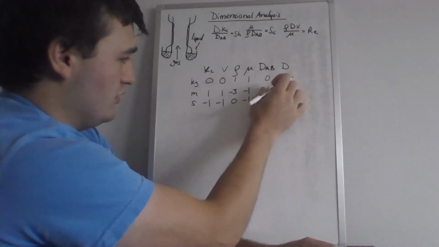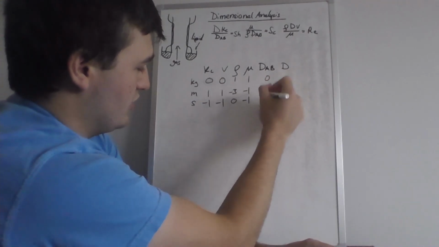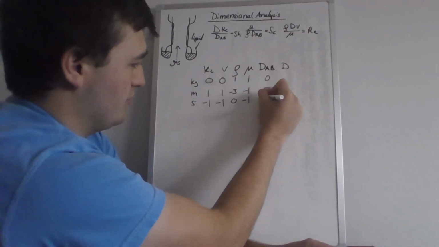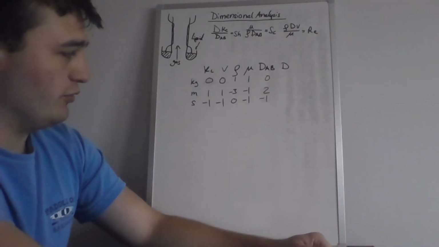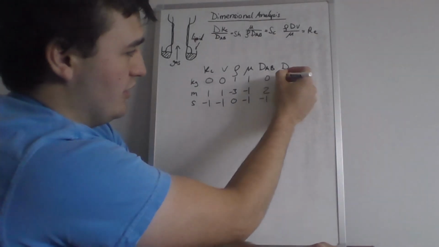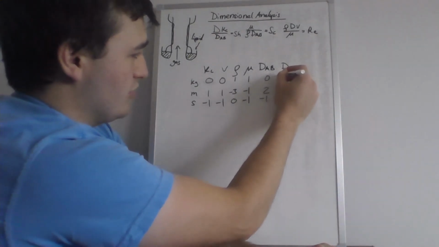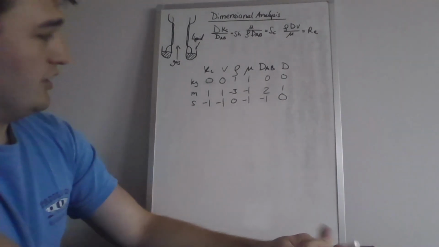It's area over time. My bad. The diffusivity is an area, so meter squared over a second, how fast it's diffusing. And then we have the characteristic length, which would be 1 meter.